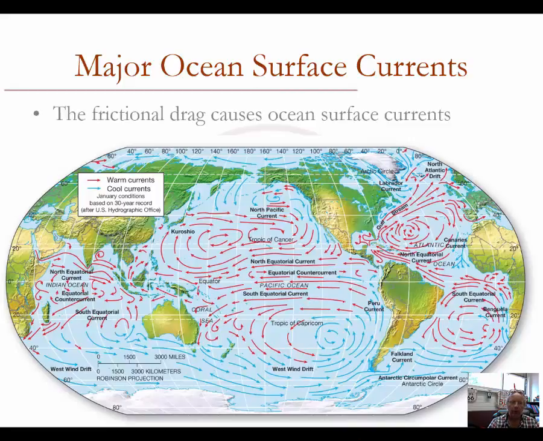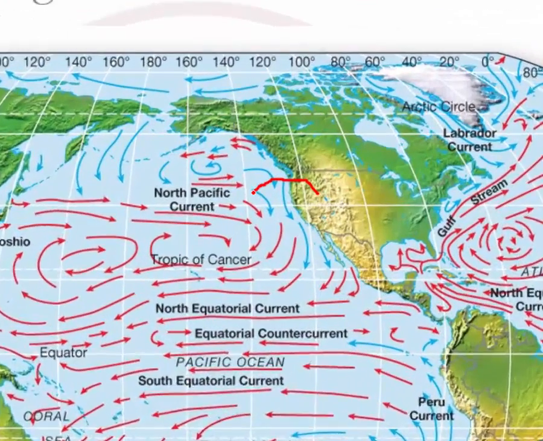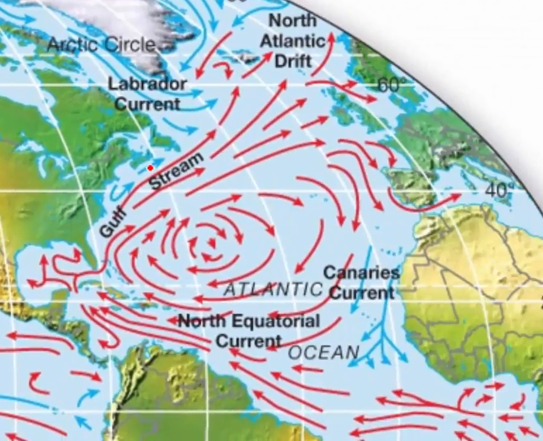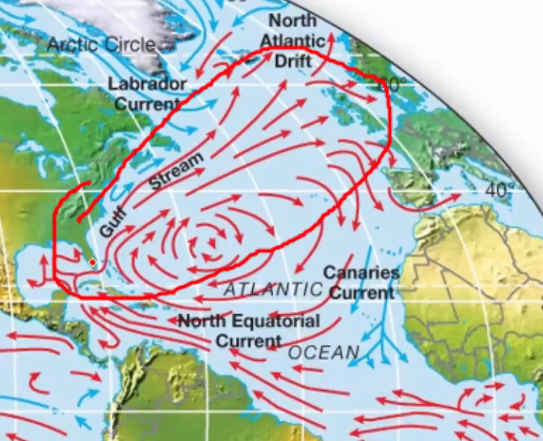The most important part for this course is to once again take a look at the North Pacific Current, or what's called the Alaska Current, and how that makes the water cold off the coast of California, and our opposite number, the Gulf Stream, once again characterizing the warm water off the coast of Florida and the Carolinas and bringing warm water towards the western coast of Europe.